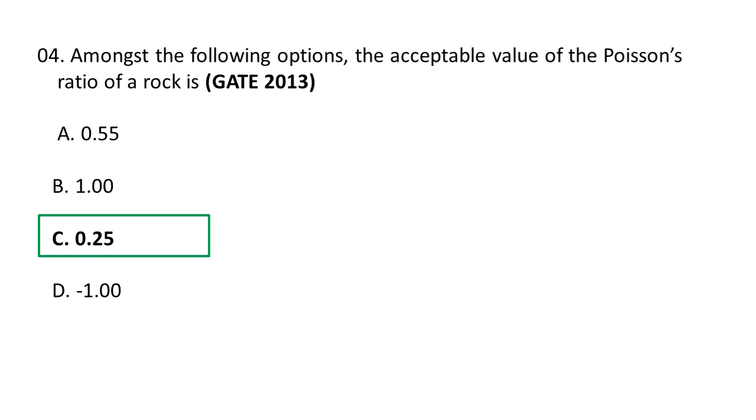It is dimensionless and ranges between 0.1 and 0.45. A low Poisson's ratio such as 0.1 to 0.25 means rocks fracture easier, whereas a high Poisson's ratio such as 0.35 to 0.45 indicates that the rocks are harder to fracture. So the acceptable value of Poisson's ratio of a rock is 0.25. C is the correct option.